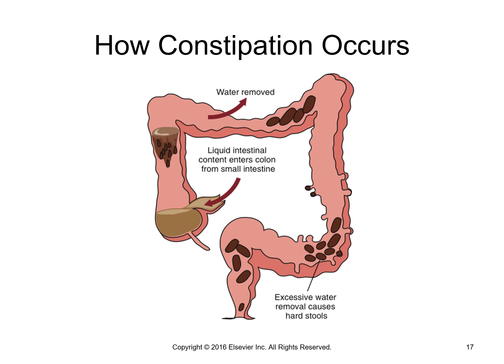So this is how constipation occurs. Once liquid intestinal contents enter from the small intestine to your large intestine, we know that your large intestine is the one that removes the fluid through reabsorption.